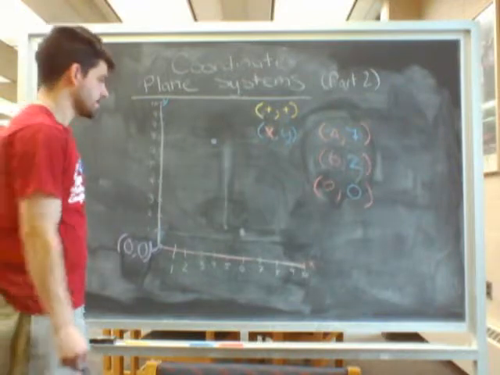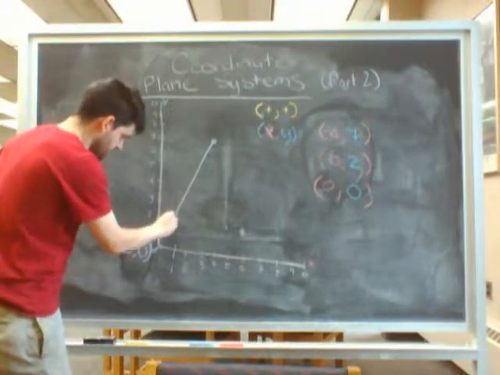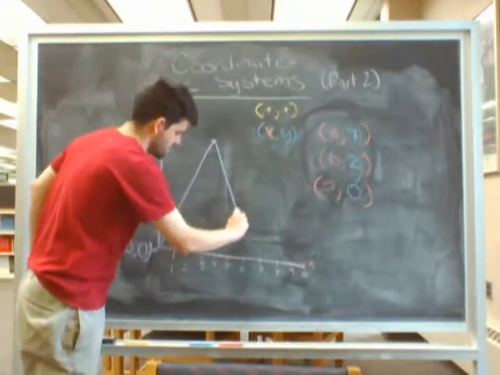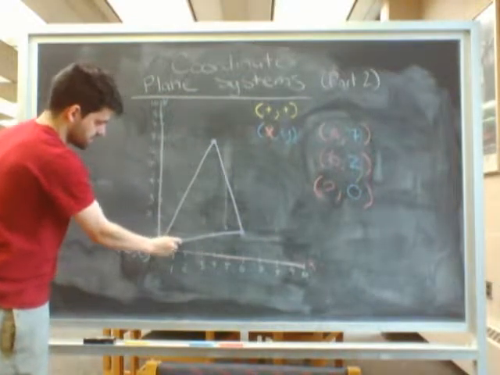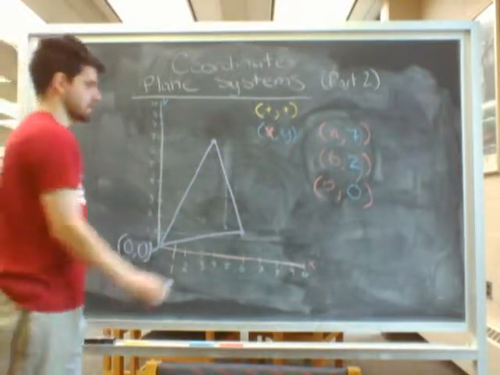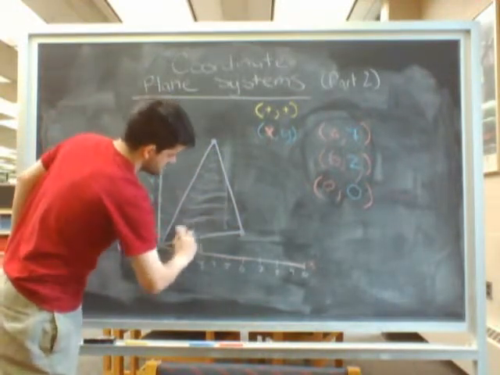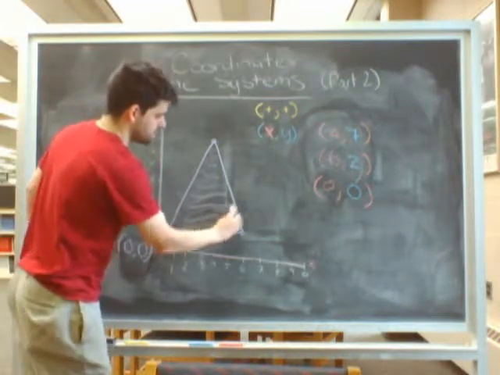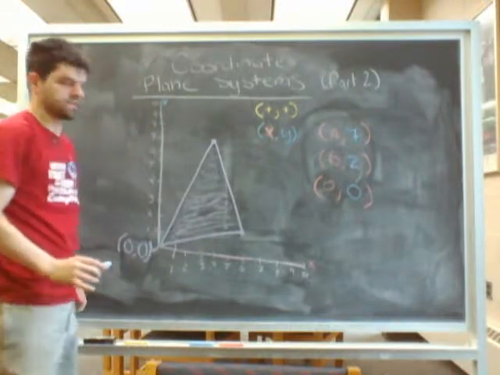Now, if you look very closely, just like I did in the previous video, if I connect line segments, instead of just getting line segments, I actually get the formation of a triangle. Okay? And that's all we're doing in this new section of the coordinate plane system.